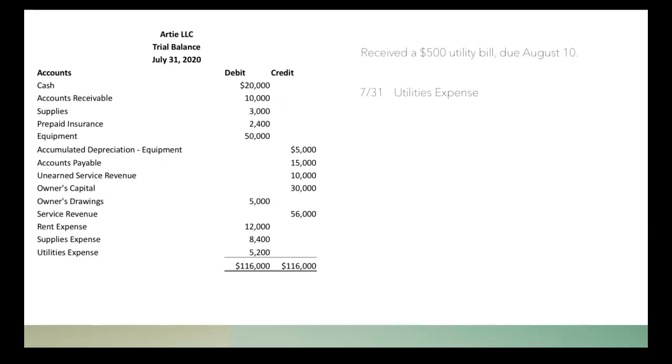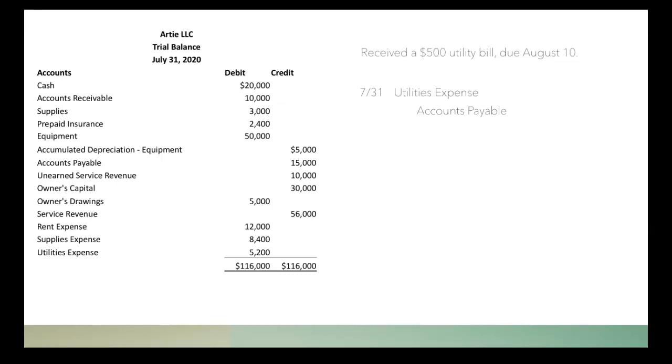Now, we aren't paying it now, right? If we paid it now, that would be cash, and then that wouldn't be an adjusting entry. So if it's due down the road on August 10th, how do we record that? Accounts payable. Right? Accounts payable is our liability account whenever we owe someone money.